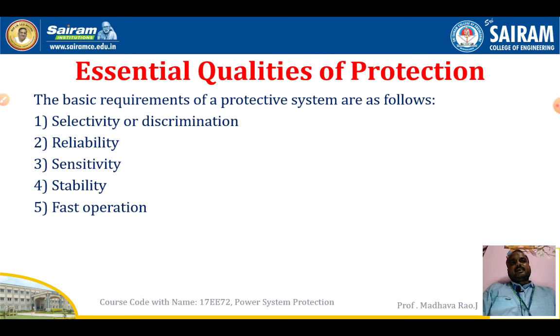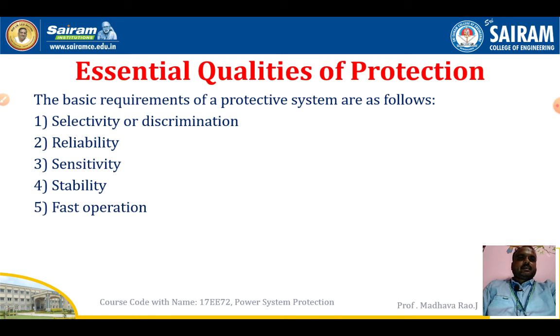So we need to identify where the fault occurs, in which zone the fault occurs. We need to discriminate between a fault in the protected system and normal condition. So this is called selectivity.